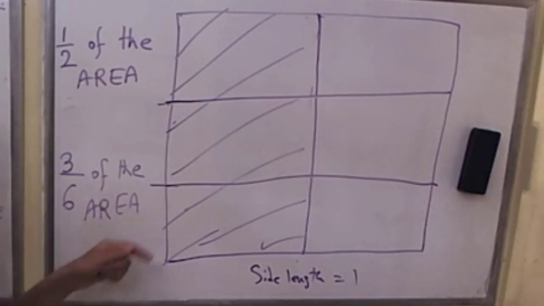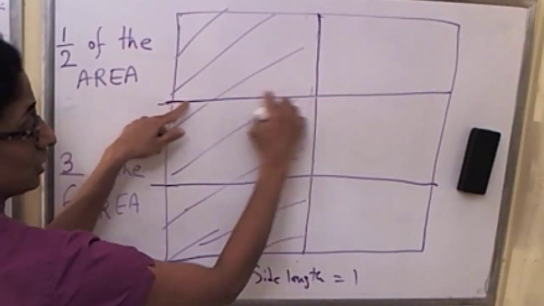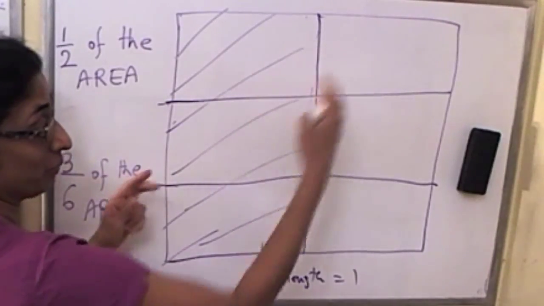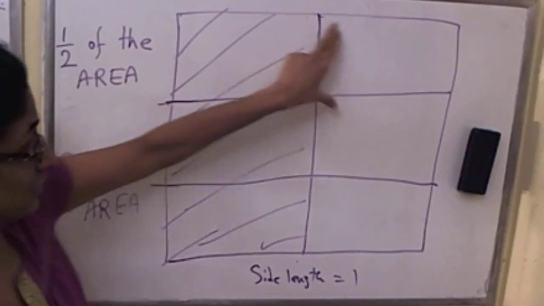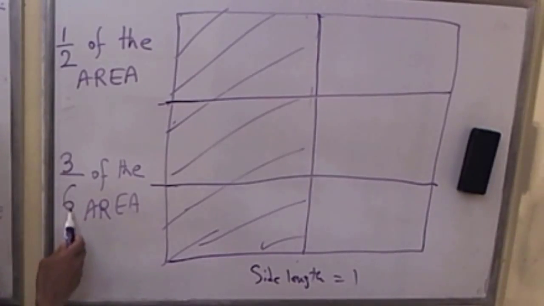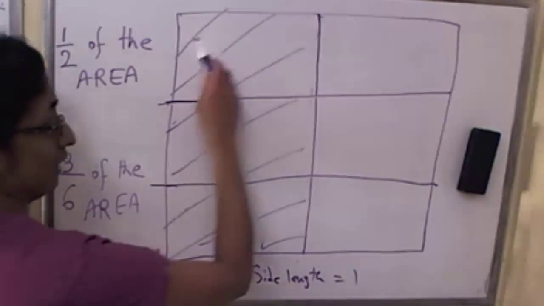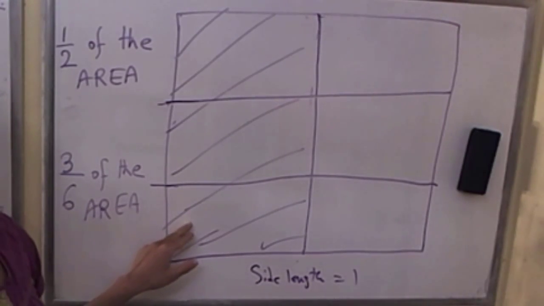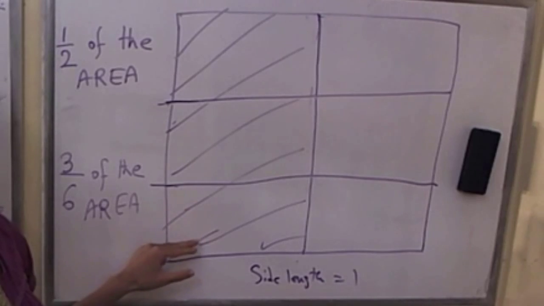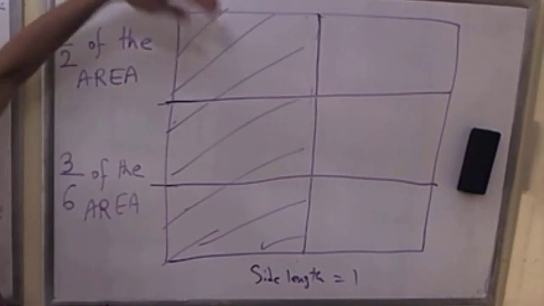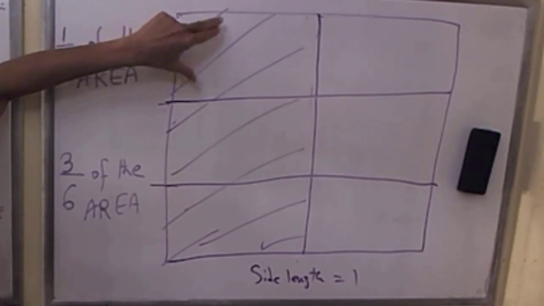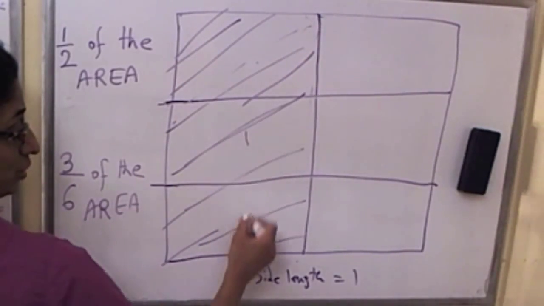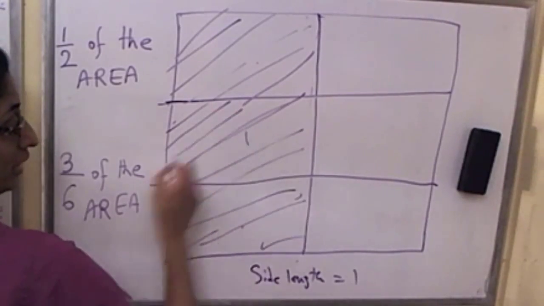Now notice, because of the way I divided, each of the 6 pieces is congruent, and each piece has the same area. So 3/6 means I've cut up the square into 6 equal pieces, where equal means equal area, and 3/6 means 3 parts of those 6. So it again goes back to the same shaded area, 1, 2, 3 of those rectangles.